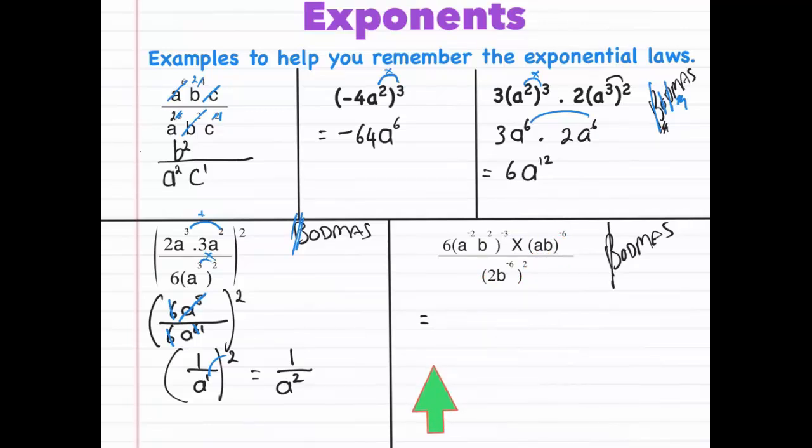So let's do that. So this will simply be, write the a, minus 2 times minus 3 is a positive 6, because minus 2 times minus 3 is positive 6. And then we simply write the b, and 2 times minus 3 is a minus 6. Then multiplied by, because I'm still busy with powers, so write the a, and then it's that 1 times the minus 6 gives us minus 6.